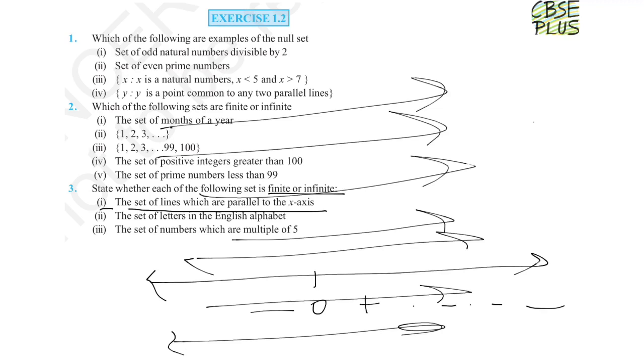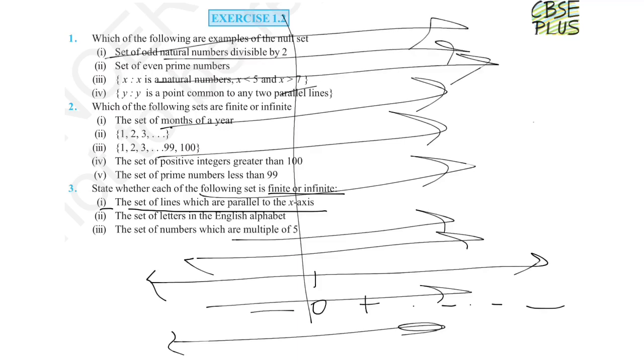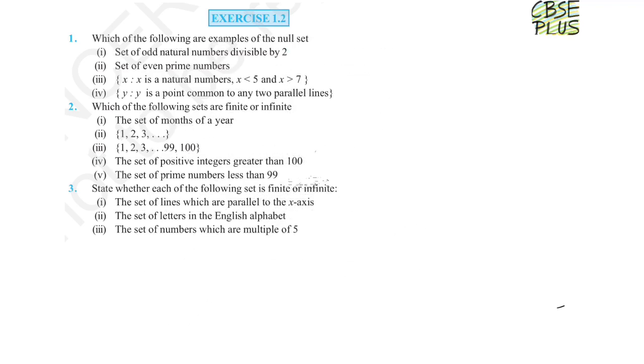There is no end to it. We can go to any y level and draw a parallel. In this way we can simply see that there are many lines which are parallel to the x-axis. In short, there are infinite lines parallel to the x-axis. So the first set here is an infinite set.